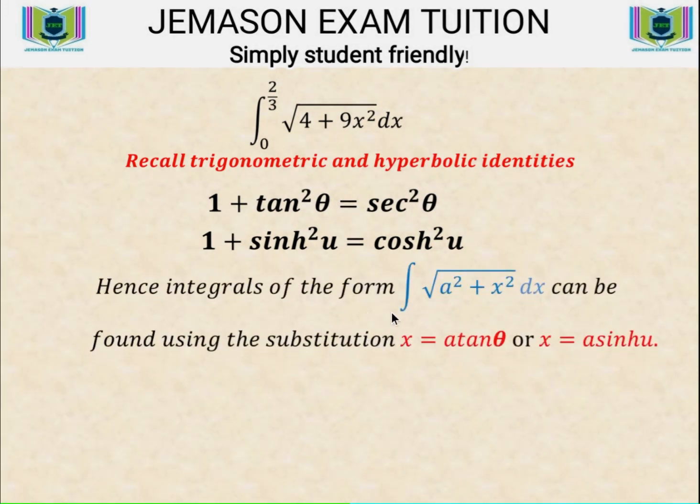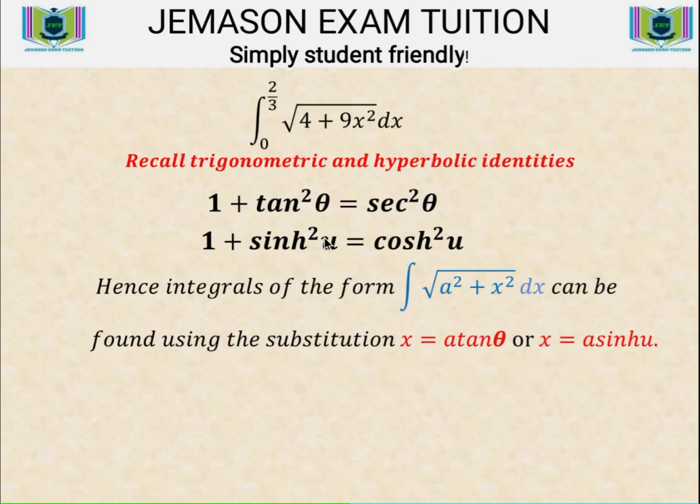Actually, when you have integrals in which there is either a sum or difference of two squares in the radical sign, you can use either a trigonometric substitution or a hyperbolic substitution, as the case may be. For the case where there is a sum of two squares in the radical sign, like we have in the question above, we either use 1 plus tan squared theta equals sec squared theta, or 1 plus sinh squared u equals cosh squared u.